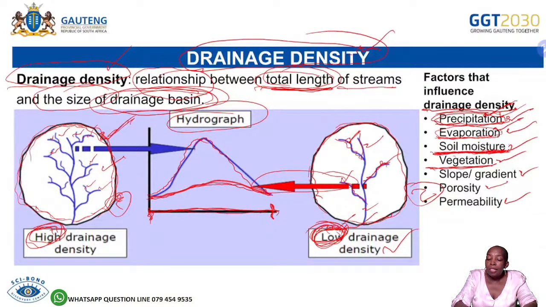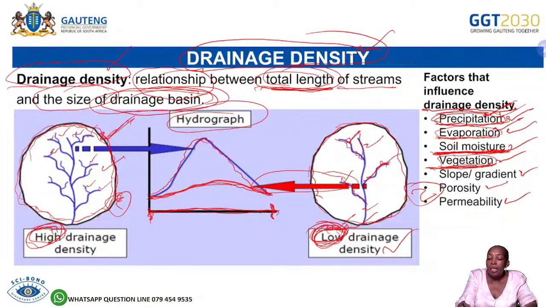So areas that are densely vegetated. Areas that are densely vegetated would mean that if it rains, water would be passing through and then be absorbed by the vegetation cover.